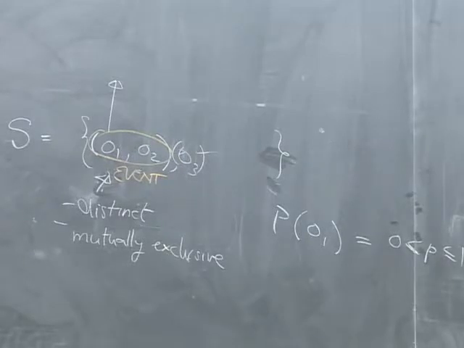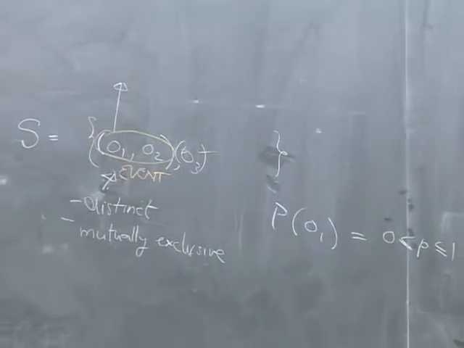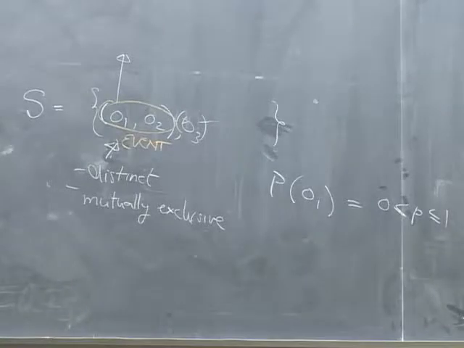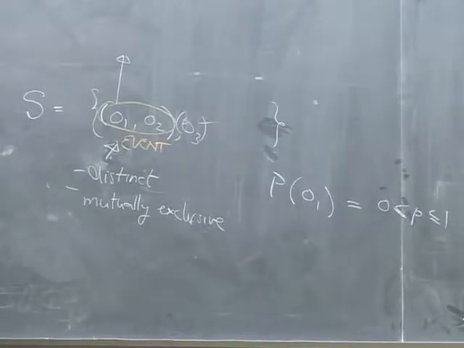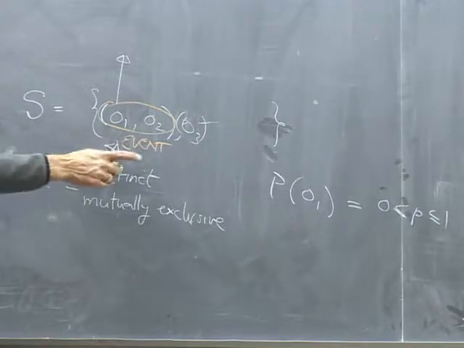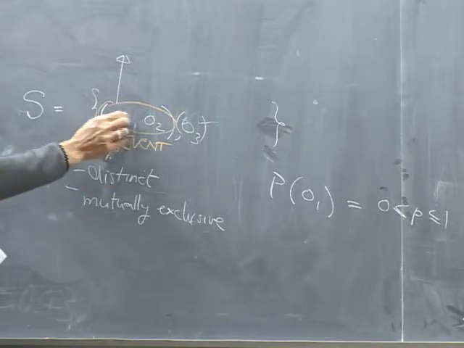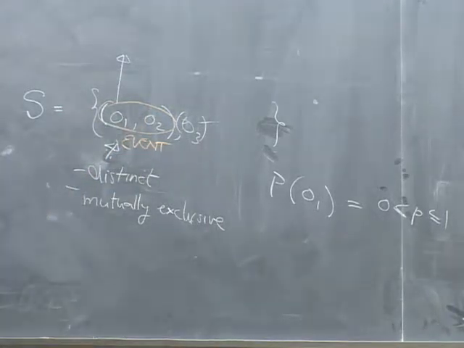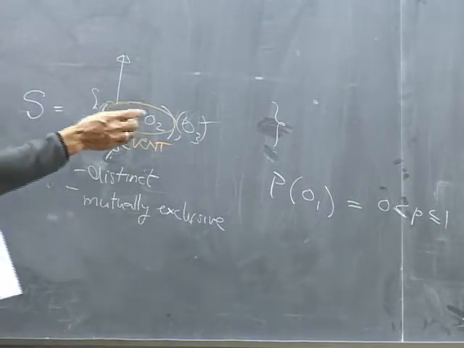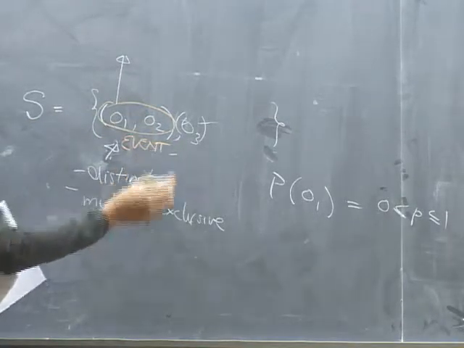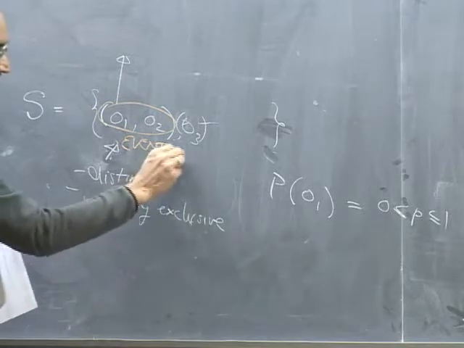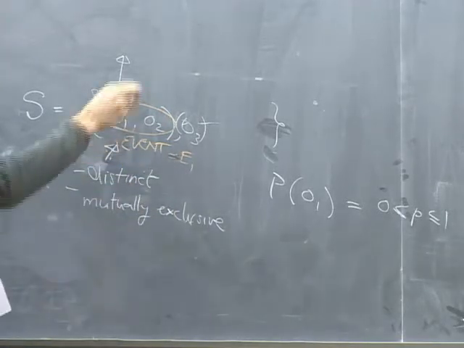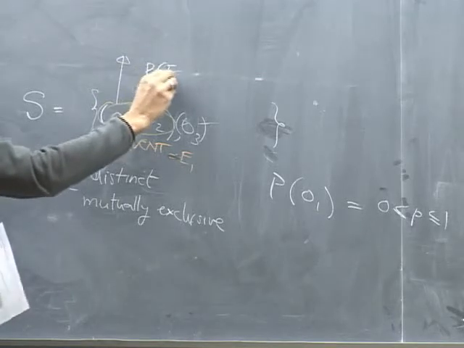And from the axioms of probability, because these outcomes are mutually exclusive, distinct, and independent, the probability of this event is the sum of these. So we have a way to compute the probability associated with the event. Now this is the event probability. If I say event equals E1, then I can talk about the probability of E1.